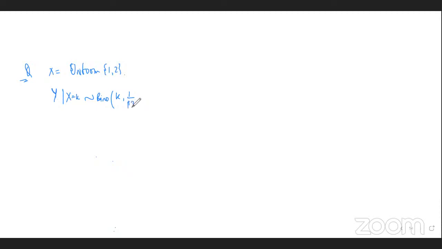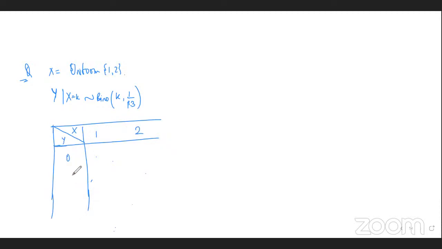So it is going to be 1 by 13. X is only taking 1, 2. Y can take 0, 1, 2, right? Yeah.